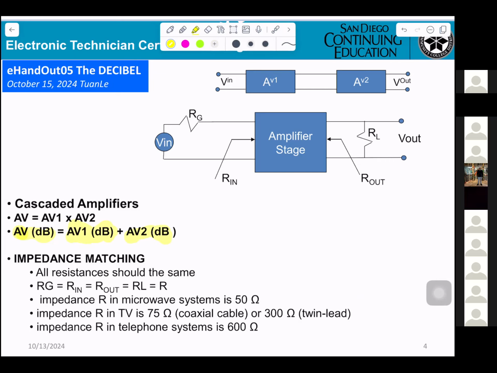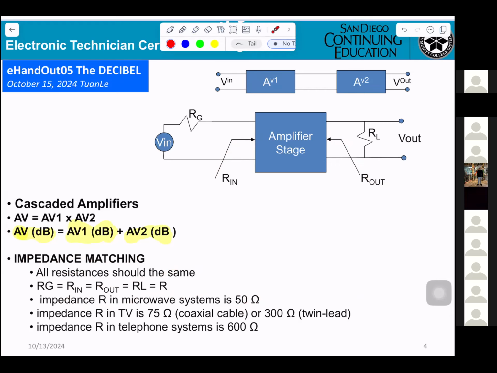Impedance matching. All resistance should be the same: RG equals R in, R out, R L. That means all of the resistors, input and output, you want them to be the same. Matching resistance. Impedance R in a microwave system is 50 ohm.